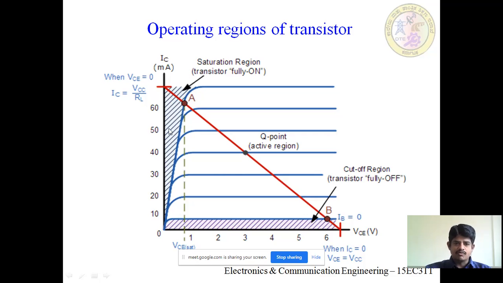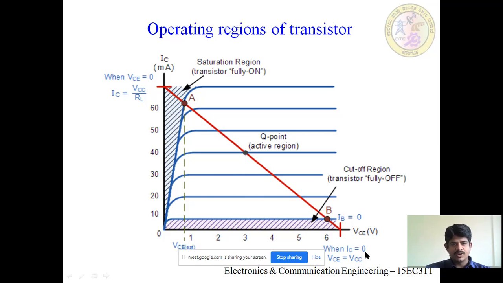Normally this hashed line, what you can observe here, is the saturation region where you can get the maximum current and the transistor will be fully on. And here we have one more region. Whenever I keep the IC current zero, this happens when I keep the transistor in cutoff mode, because we know that in cutoff mode it will be reverse biased and it is not allowing any current to pass. At that time, what will be the current?